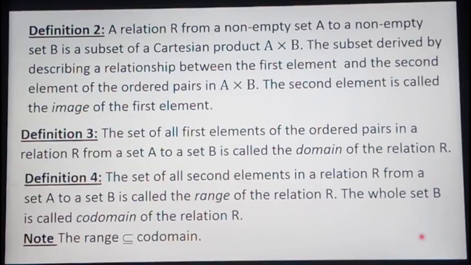In A cross B, whatever we take in A is called the domain, and the set B is called the range of the relation R. The whole set B is called the codomain of the relation R. The range must be a subset of or equal to the codomain. So it is not necessary that every time set B is the range. It is possible that only some of the elements will be there in the range.